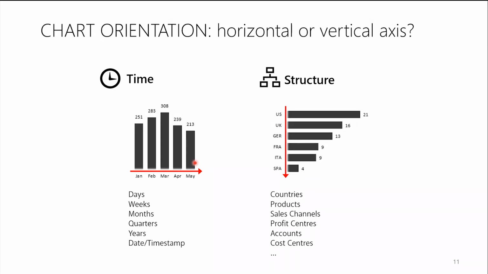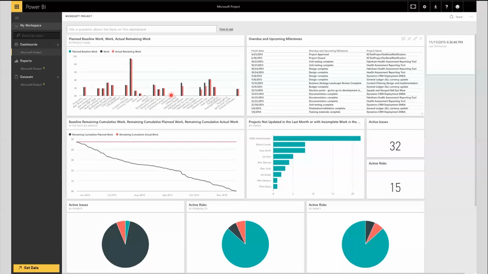Everything else, like your products, your customers, your profit centers, cost centers, business units, and so on. This is a very, very simple rule, which will probably make your dashboards more understandable, and you will use less space, and they will just become better.